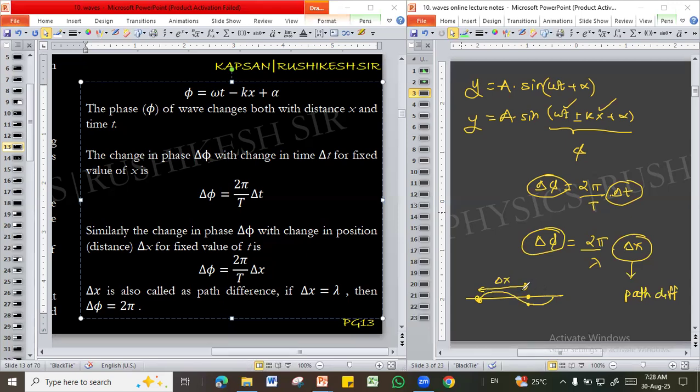So corresponding to path difference delta x, we will have the phase difference delta phi. So this delta x is also called as path difference. This is phase difference, this is time difference, this is path difference. Path difference, time difference, phase difference.